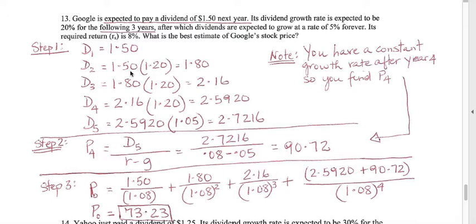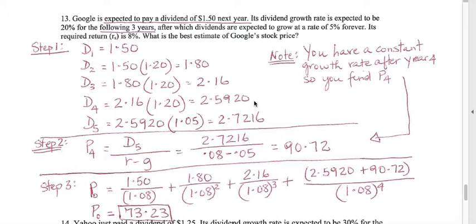So $1.50 times 1.2 is equal to 1.8. D3, 1.8 times 1.2 equals 2.16. D4, 2.16 times 1.2 equals 2.592.